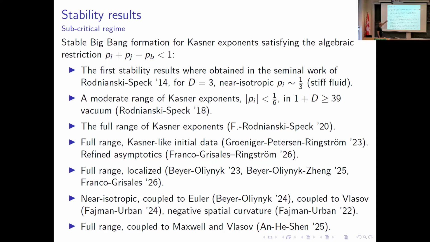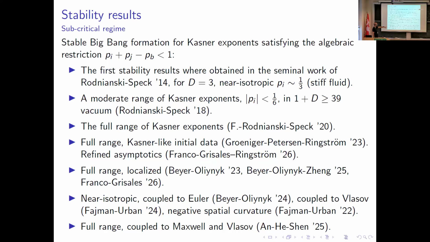Very recently, I was really excited to hear that we can have asymptotics for the full spatial geometry, which was missing from all of the previous works before Andres and Hans's paper. You can add matter, like fluid, Maxwell, Vlasov.